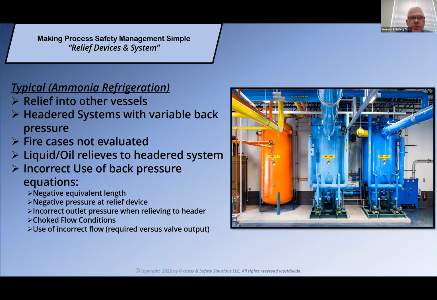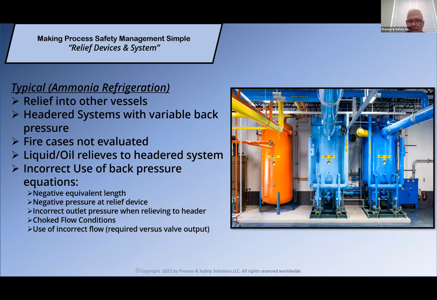So we need to make sure we're looking at our results and making sure our results make sense. Can't have negative pressure drop either. You know, it's going to atmosphere. There has to be some pressure at the valve in order for you to have flow. And flow is not going to go from atmosphere back to the relief valve. So we need to make sure that, again, the results make sense.